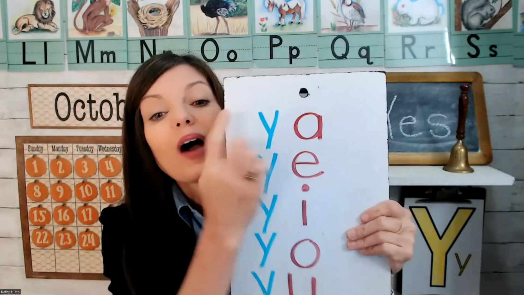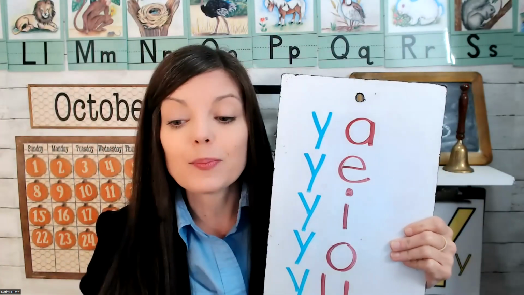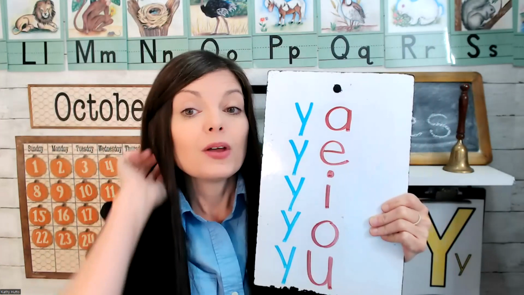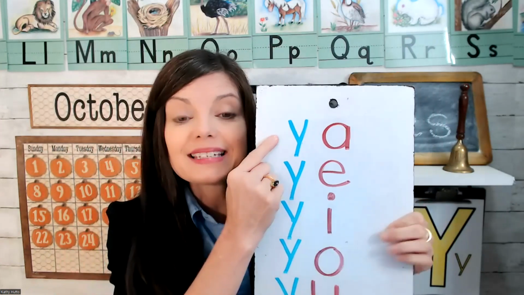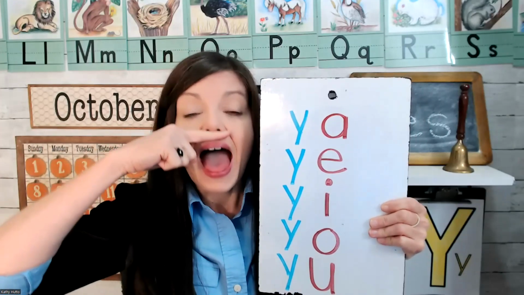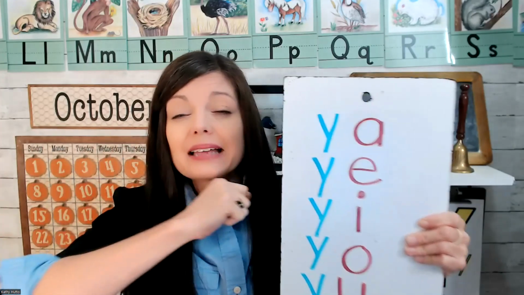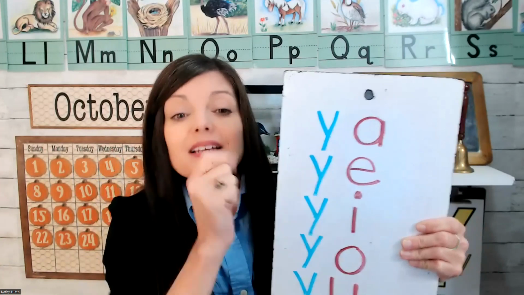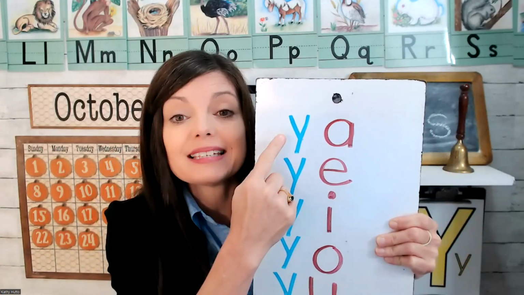We're going to put letter Y in the front of each of these vowels and blend the sounds together. Ready? Y says E, and A says A, as in achoo.